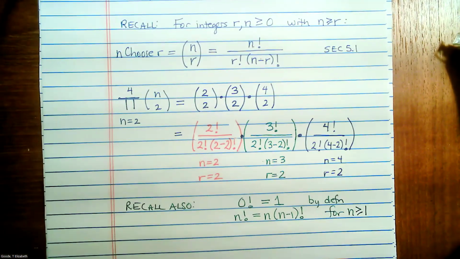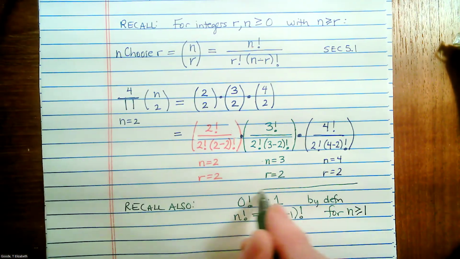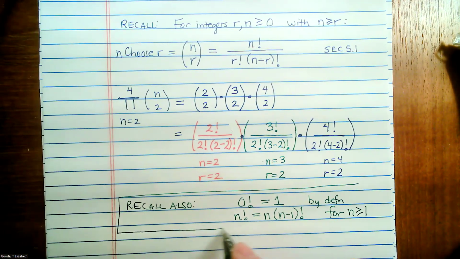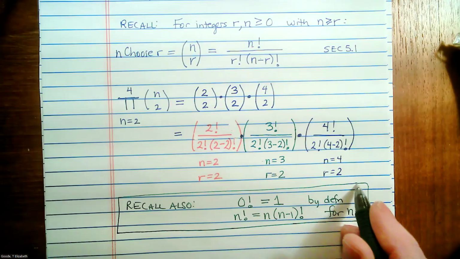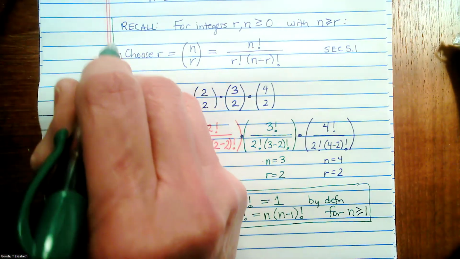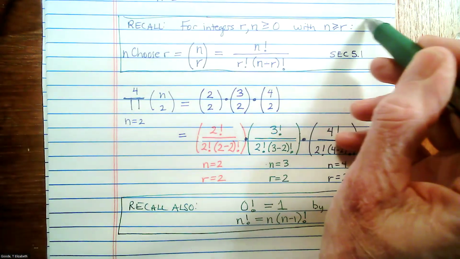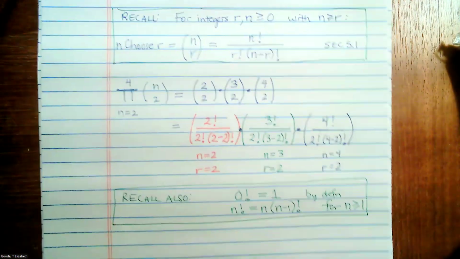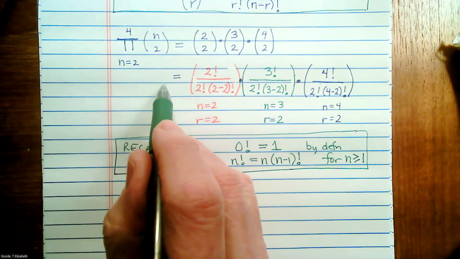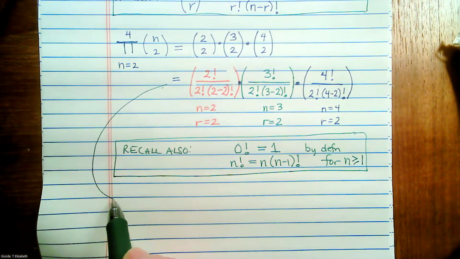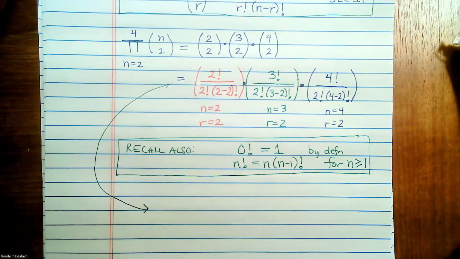Okay, so let me just put a box around this so it's sort of out of our way. And now we can start working on this a little further, right?